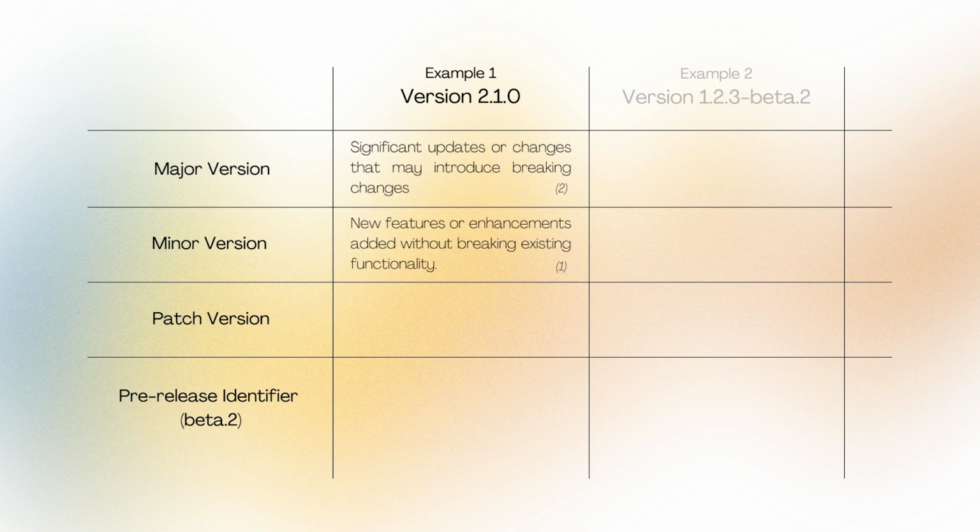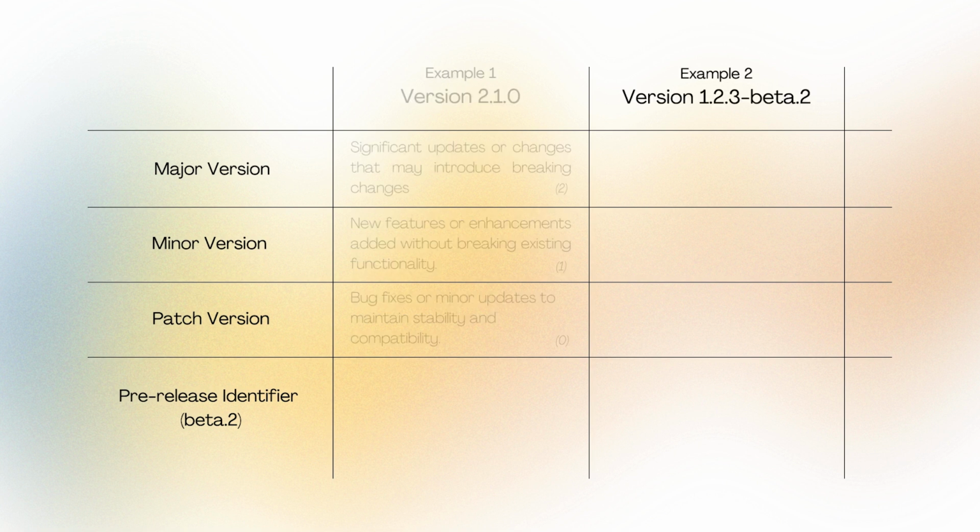Minor version, or number 1, represents new features or enhancements added without breaking existing functionality. And the last one, patch version, or number 0, represents bug fixes or minor updates to maintain stability and compatibility.